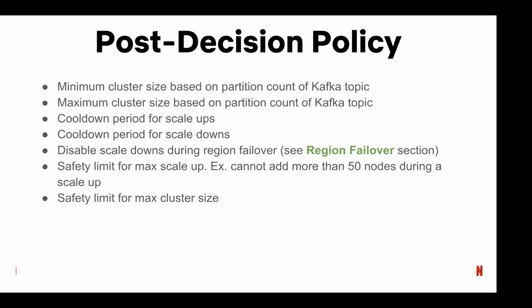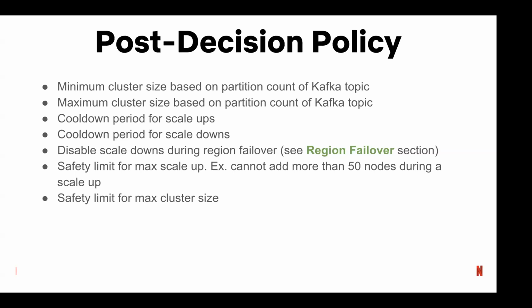And we have a few other safety limits, like limits on the total number of new nodes that can be added on a scale up, because we don't want to have a rogue scale up action that adds way too many nodes. And we also have some general absolute safety limits for the maximum cluster size, because in the past we've observed that the Flink job manager can become unstable with too many task slots.